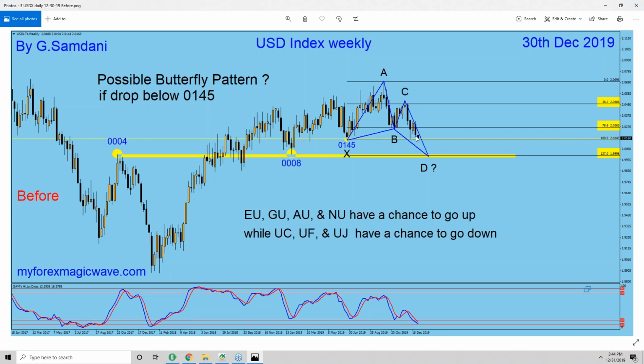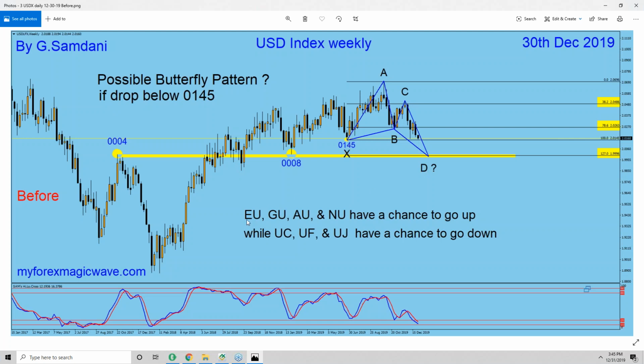I was expecting that this butterfly pattern will be completed at 127 here, and I wrote down here that if it drops below 0145, 0145 is right there, then what will happen?